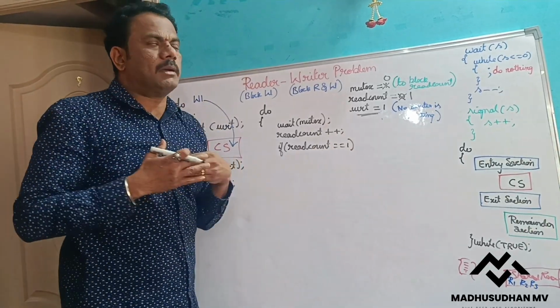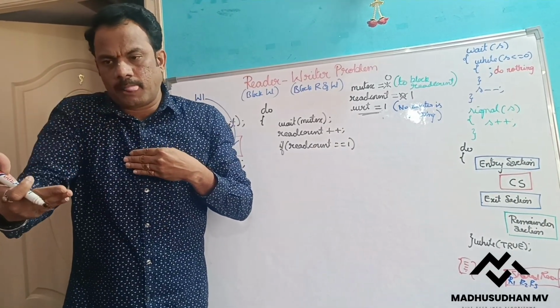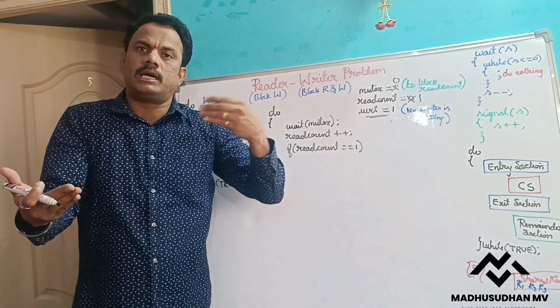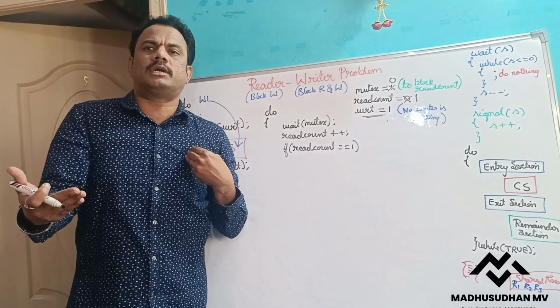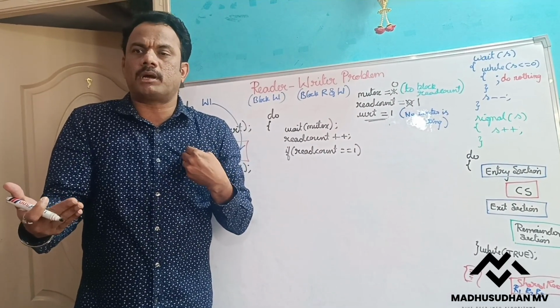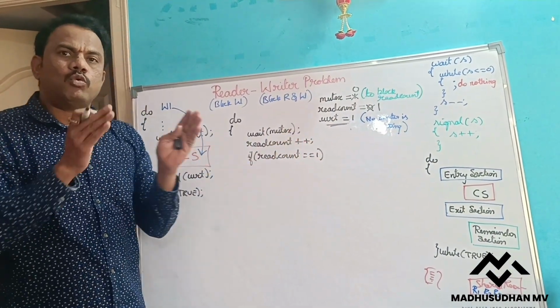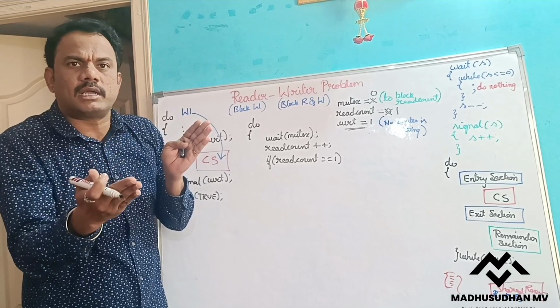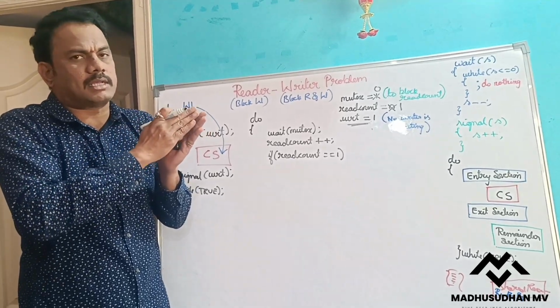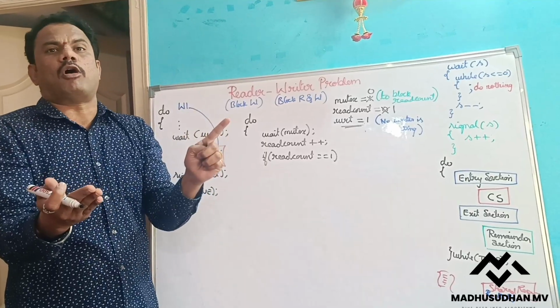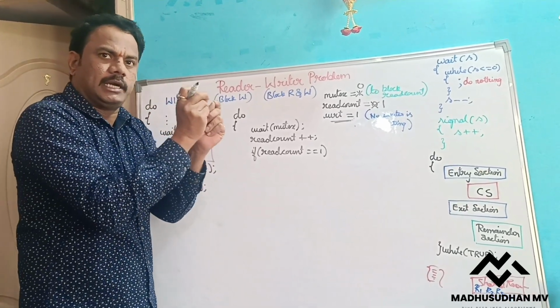If I am the first person to enter into the critical section and reading, I should block. If I am the second, third or fourth reader, no need to block, because the first person already blocked the writer. So whichever reader process enters the critical section first has to block the writer.